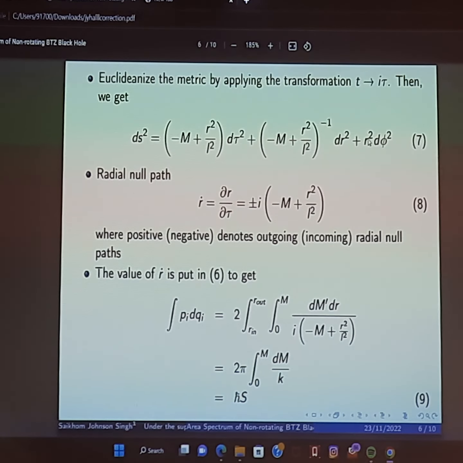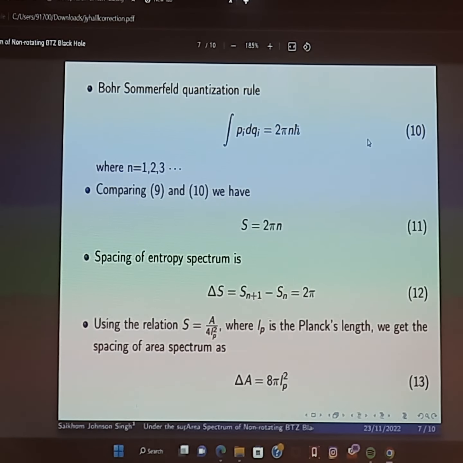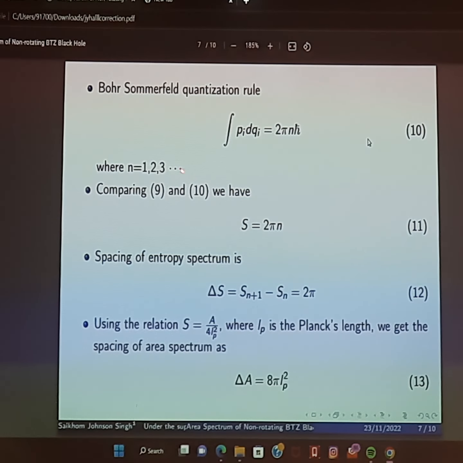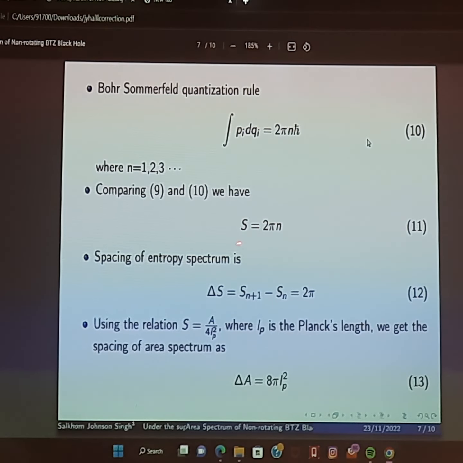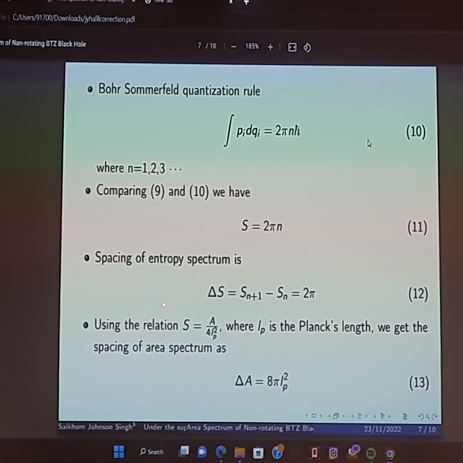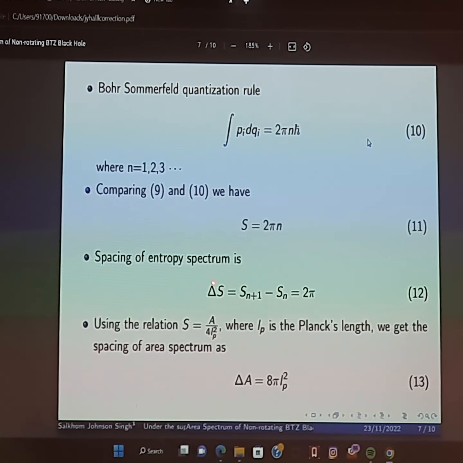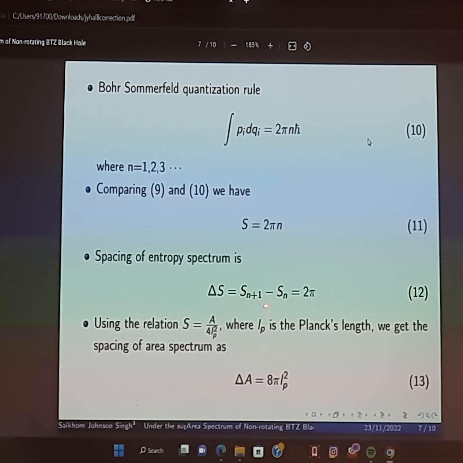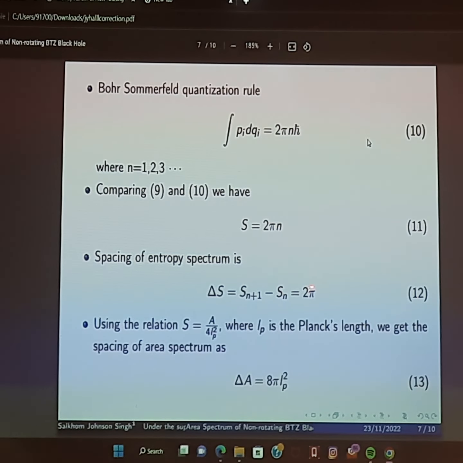For the Bohr-Sommerfeld quantization rule, we have this relation, and we compare equation number 9 with 10. After this comparison, we get the expression for entropy, that is S is equal to 2 pi n, and the spacing between the nearby values of n is calculated and shown in equation number 12.